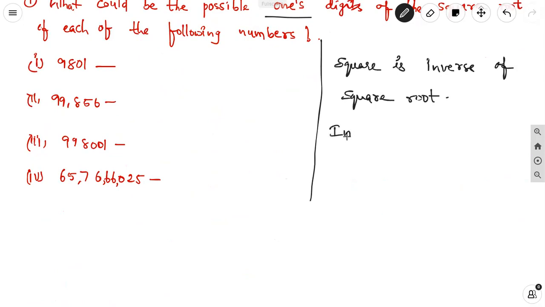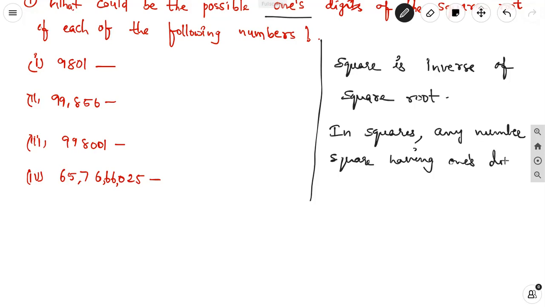In squares, any number squared has a ones digit that is any one of 1, 4, 5, 6, 9.